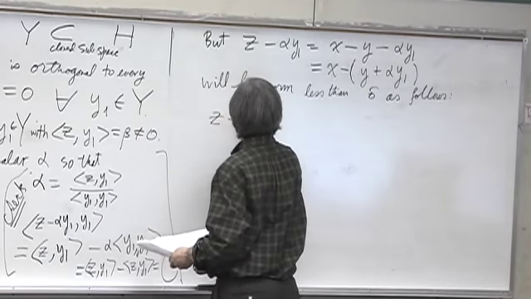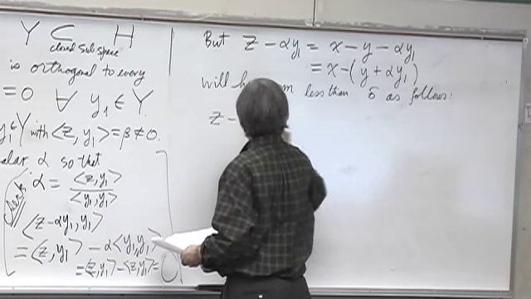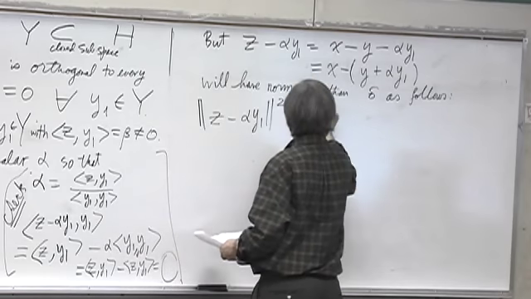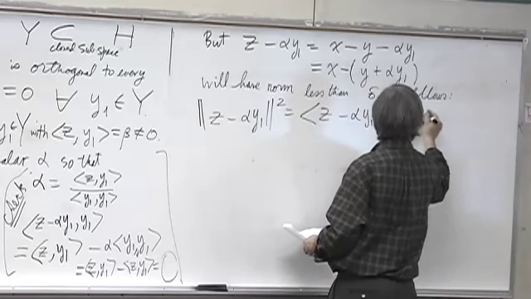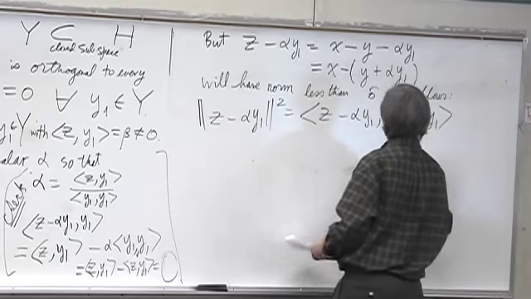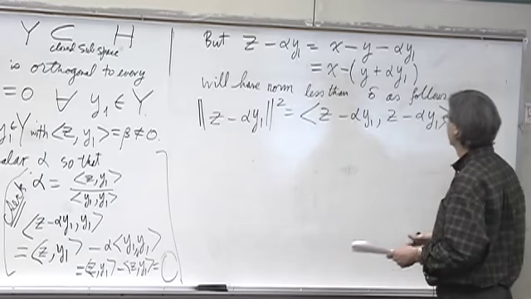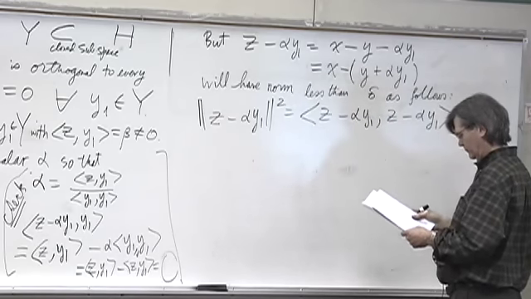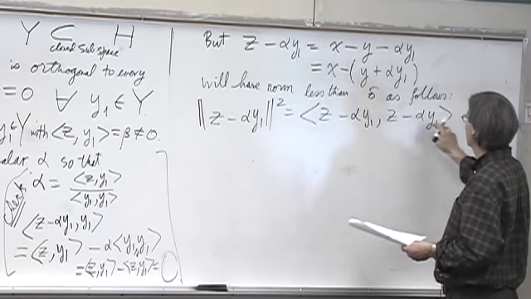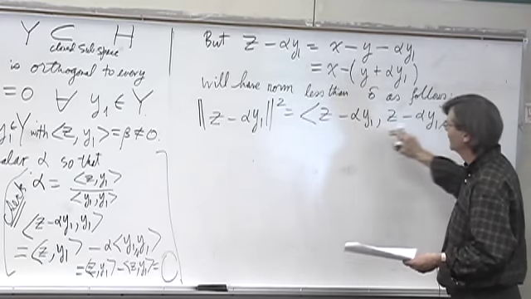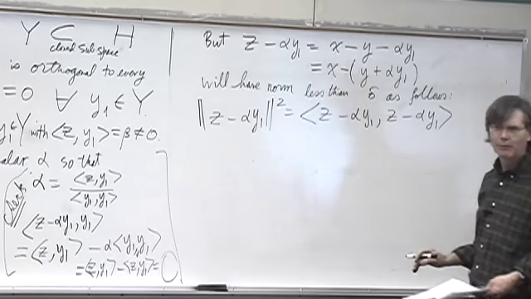The norm of z minus alpha y1, norm squared, equals z minus alpha y1 inner product z minus alpha y1. Now, z with minus alpha y1 will be minus alpha conjugate times 0.